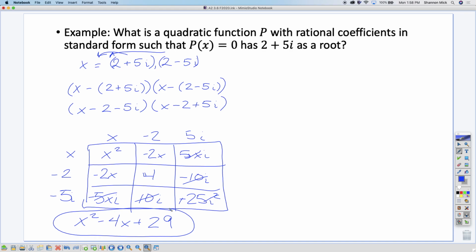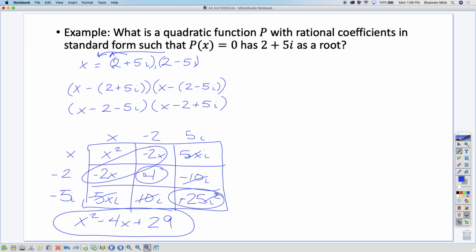Okay, I got x squared minus 4x plus 25. How do I get the final answer? You got 29, or 29, did I say 25? The i numbers just combine together, like terms. That was negative 25i squared, right?